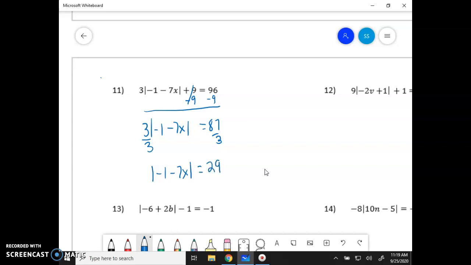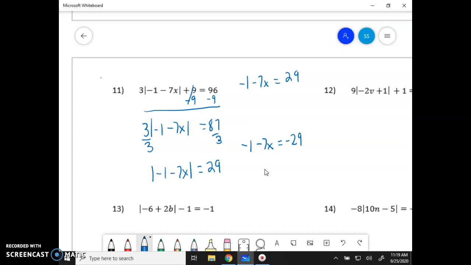Now I can move on to step 1.5. Is there going to be a solution? Yes, there is, because this is positive. So now I'm going to remove the absolute value bars and solve two equations. One set equal to the number itself, and one set equal to its opposite, which would just be negative 29.